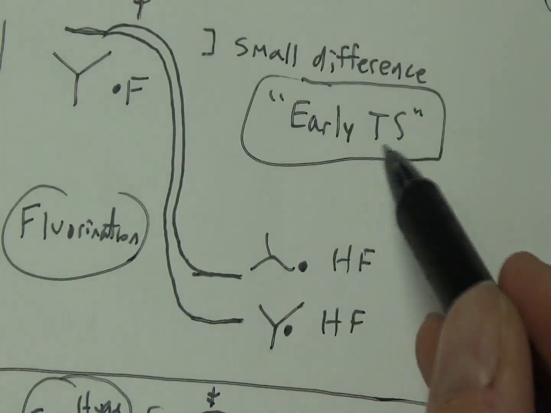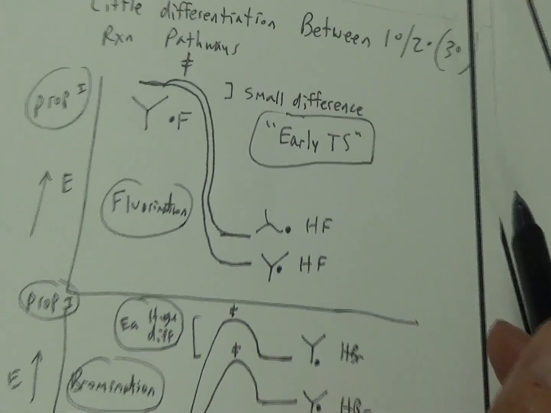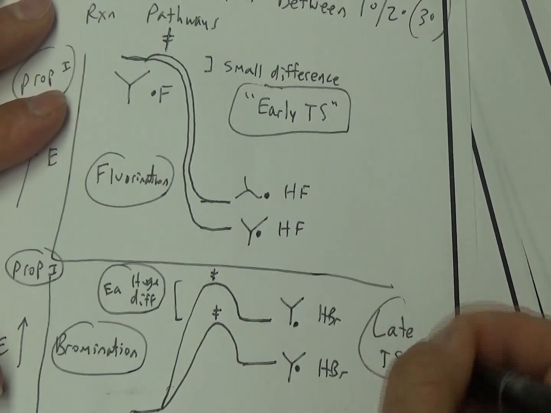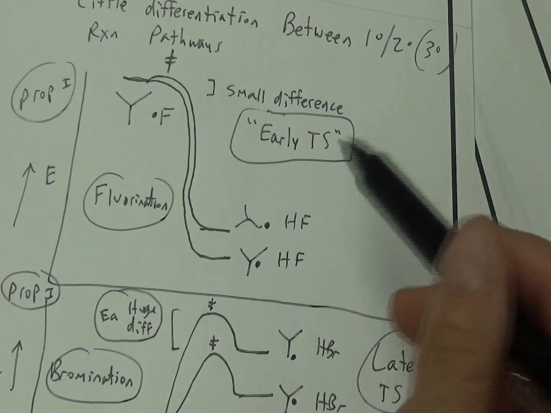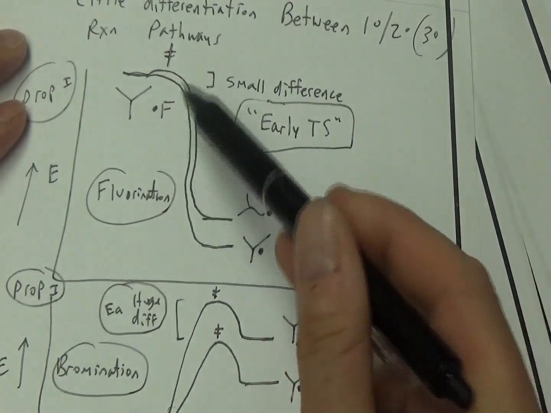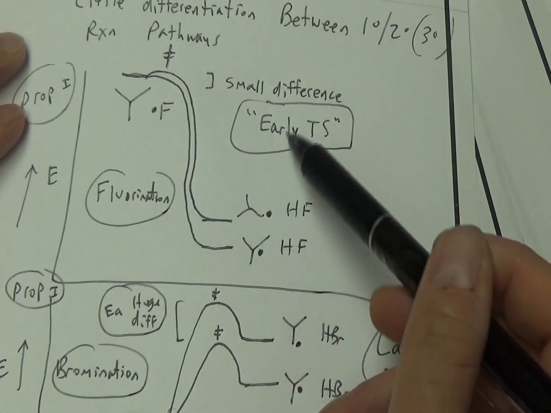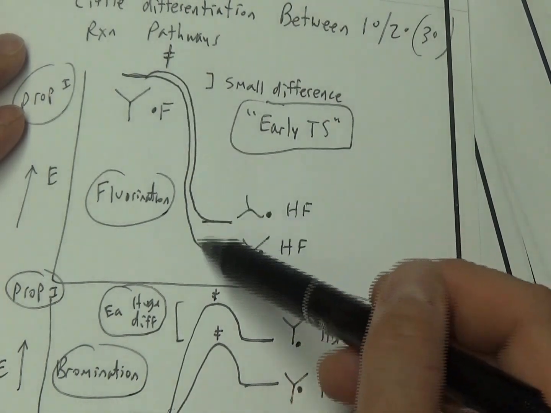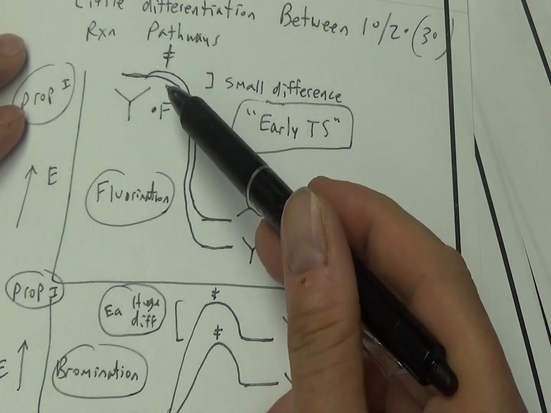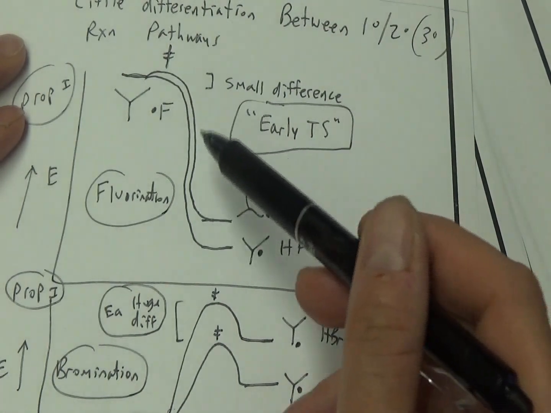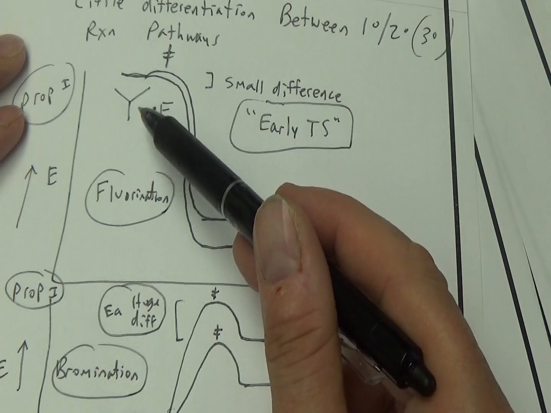Okay, so there's a word we're going to give for this. For fluorination, we call this an early transition state. What's the opposite of early? Late. Bromination is called a late transition state. Essentially the takeaway here is that if you have an exothermic process and two pathways, you get an early transition state, and the transition states will resemble the starting materials.